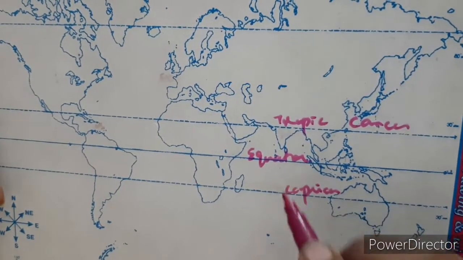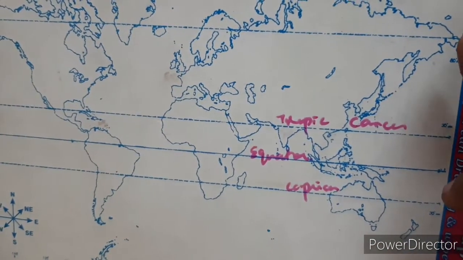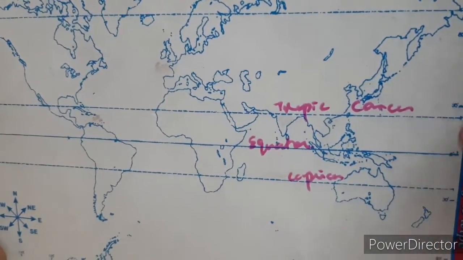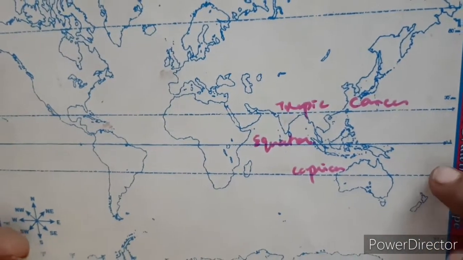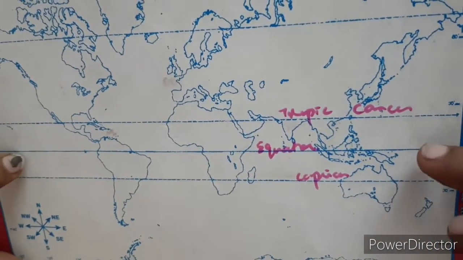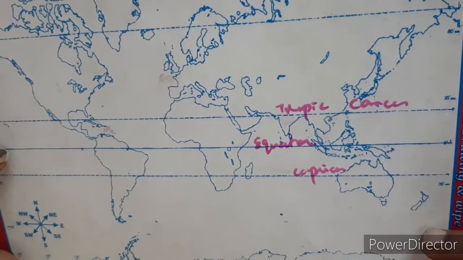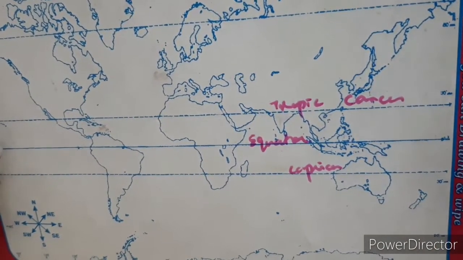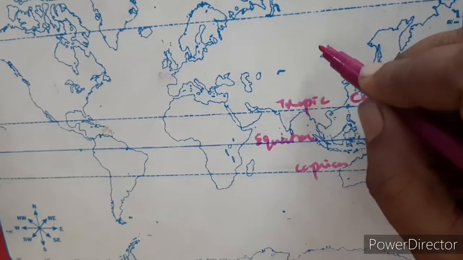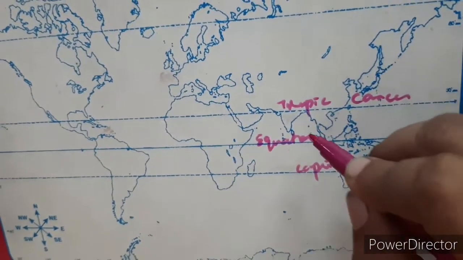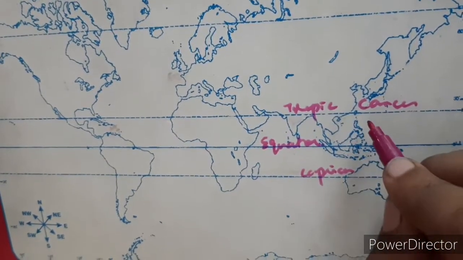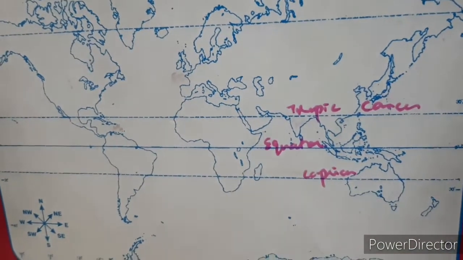This equator divides the world, that means the earth, into two equal parts. The north side we call the northern hemisphere and the southern one we call the southern hemisphere. India lies in the northern hemisphere.